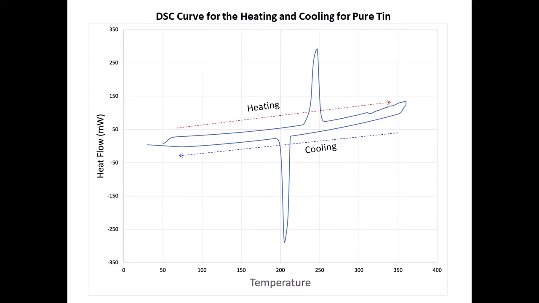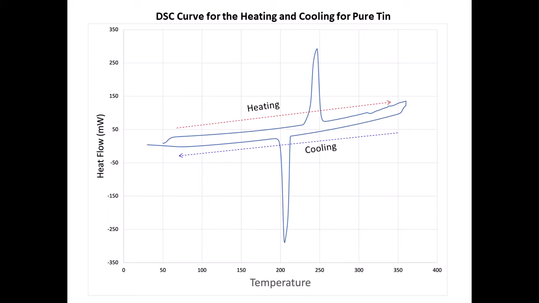However, in a DSC, we have the ability to extract heat at a rate or input heat at a given rate that is controlled by the furnace heating and the cooling of the furnace. So we can control the heat input and the heat extraction.